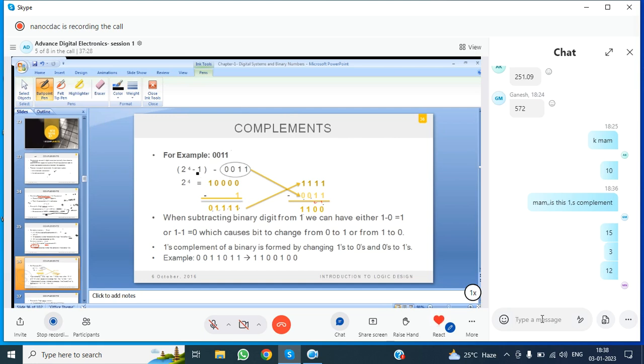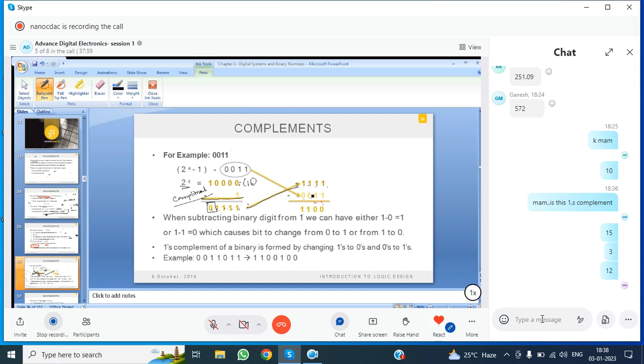Here what we are doing is converting 2 power 4 minus 1 into binary. This is 16, 2 power 4. So what do we do first? With minus 1 we are just complementing. So this is the complement. If you subtract, you get the same thing, 01111. After the inverse complement, the last value we can discard.